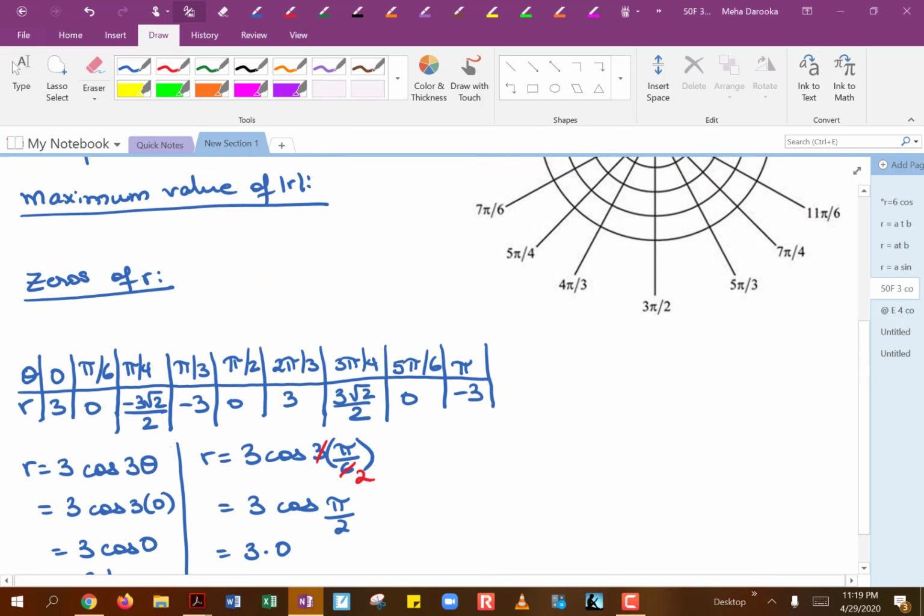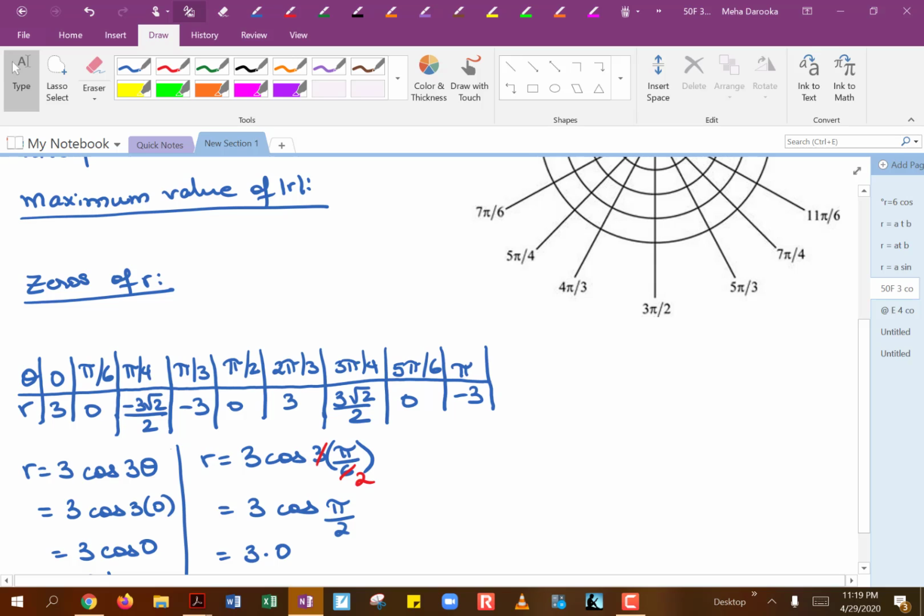Okay, so we've got all our points over here, so let's go ahead and see where the zeros are going to be. So we have r equals 0 when our theta values are at pi over 6, pi halves, and 5 pi over 6.